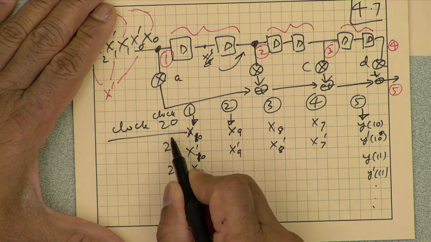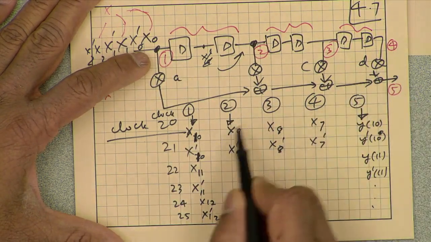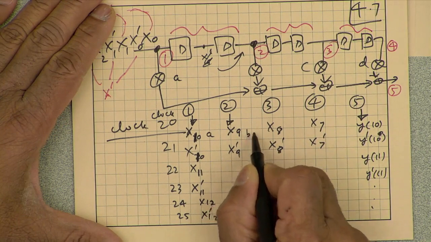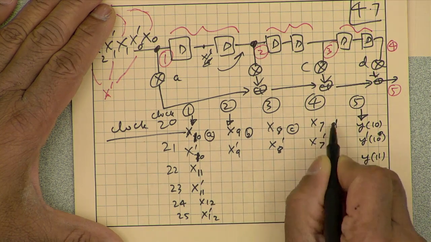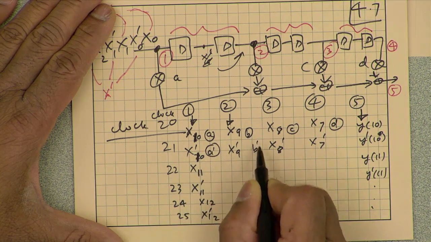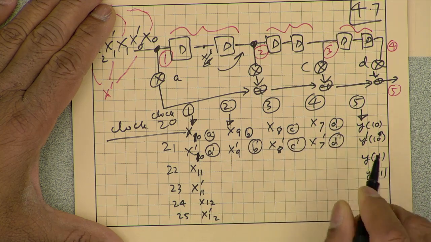I was going to get to that, but I am glad you asked, because if you look at, say, clock cycle 20, I am multiplying these results of node 1, 2, 3, 4 by A, B, C, D. So, we are computing A times that, B times that, C times that, D times that. Now, in the next clock cycle, I can compute A prime times X10 prime, B prime times that, C prime times that, D prime times that.